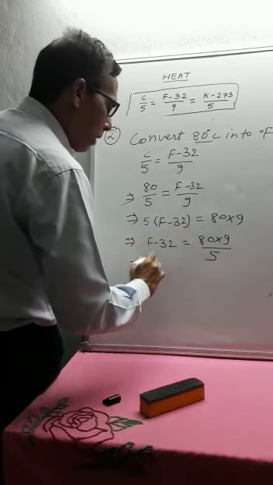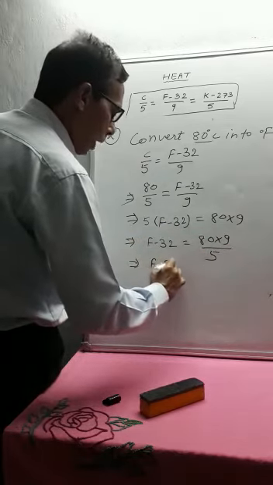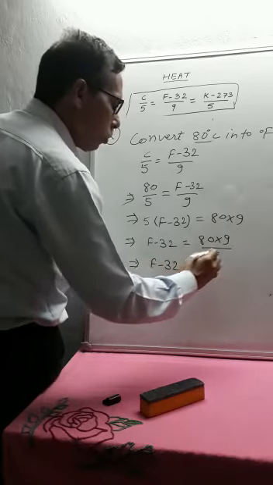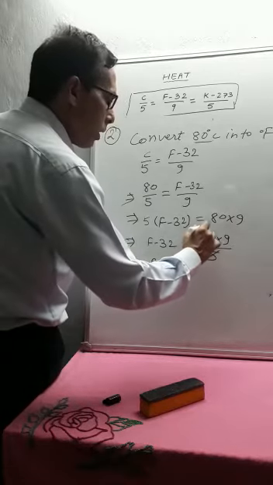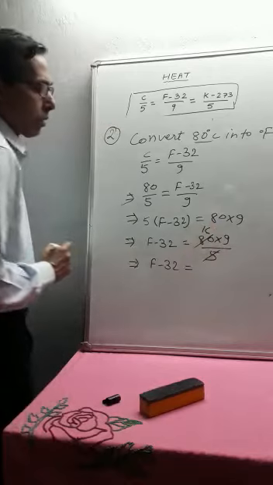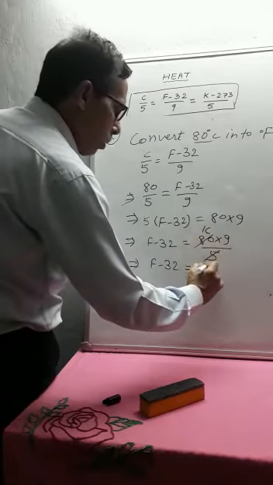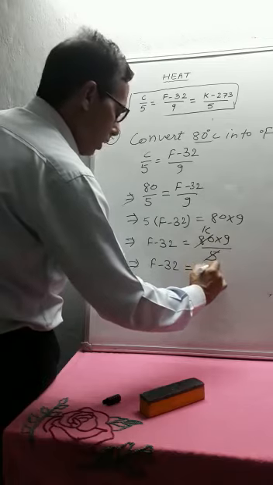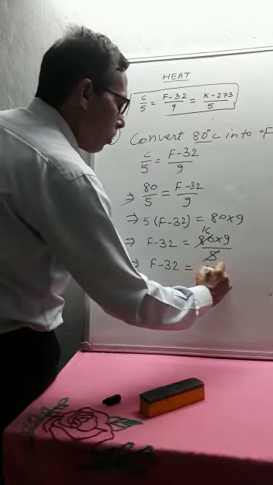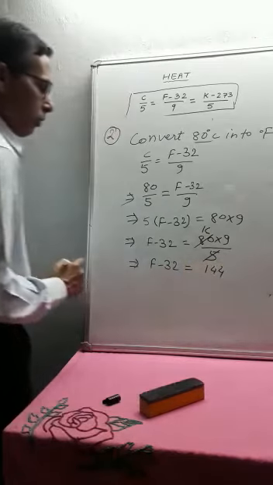This implies that F minus 32 is equal to, here you cut, 5 sixteens are 80, so 16 into 9, that is 144.